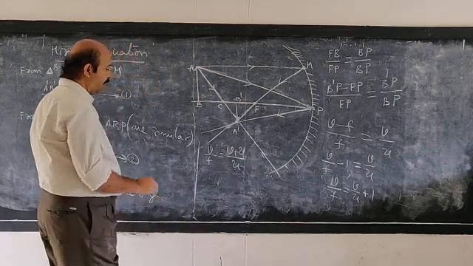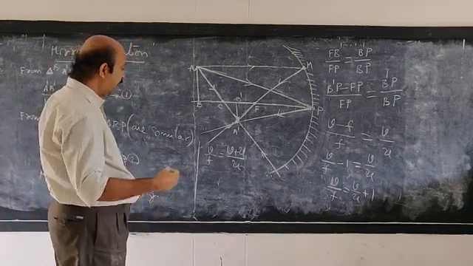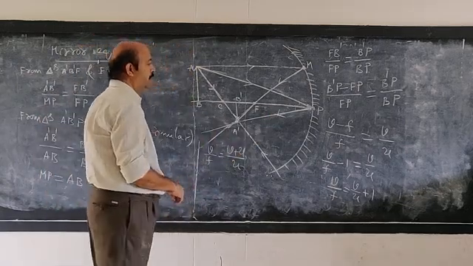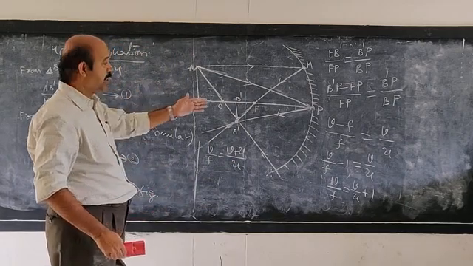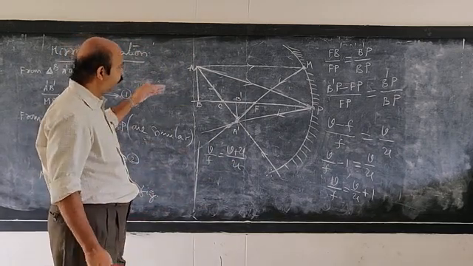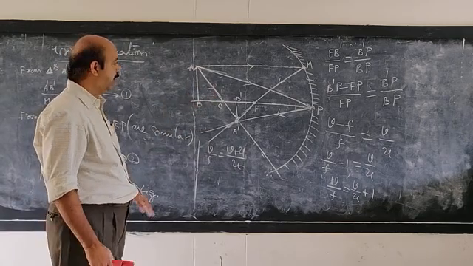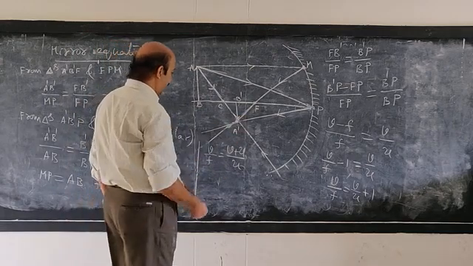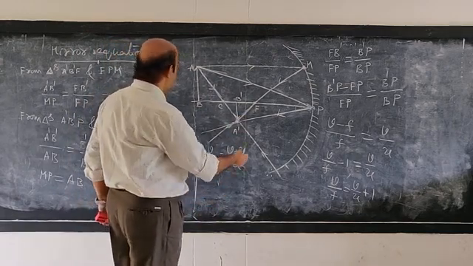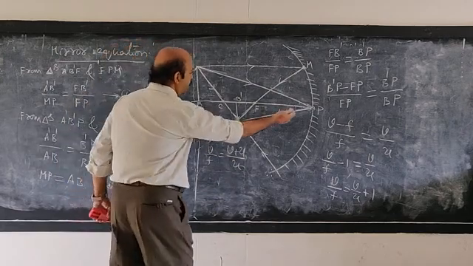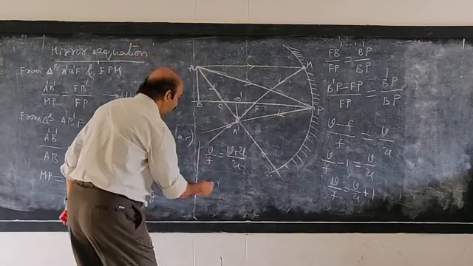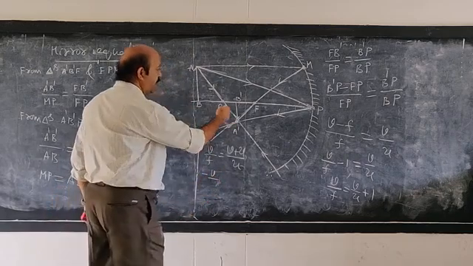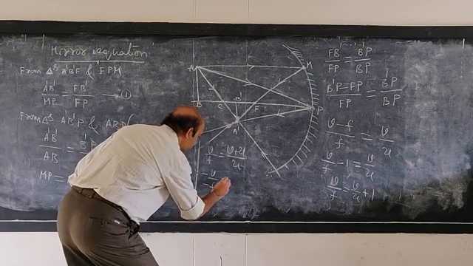Now, let us use the sign convention here. All the distances measured from the pole, if measured opposite to the direction of the incident ray, are negative. If they are measured in the direction of the incident ray, positive. So for V, you have to measure in the opposite direction, therefore you use minus V. The focal length is also opposite, so minus f.